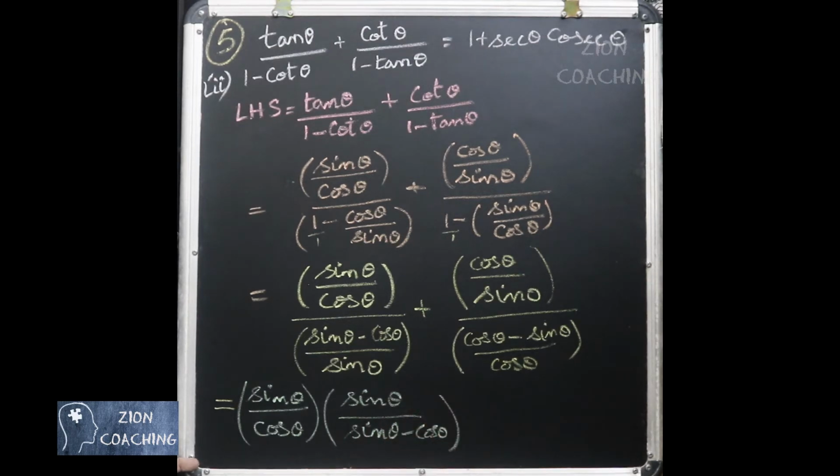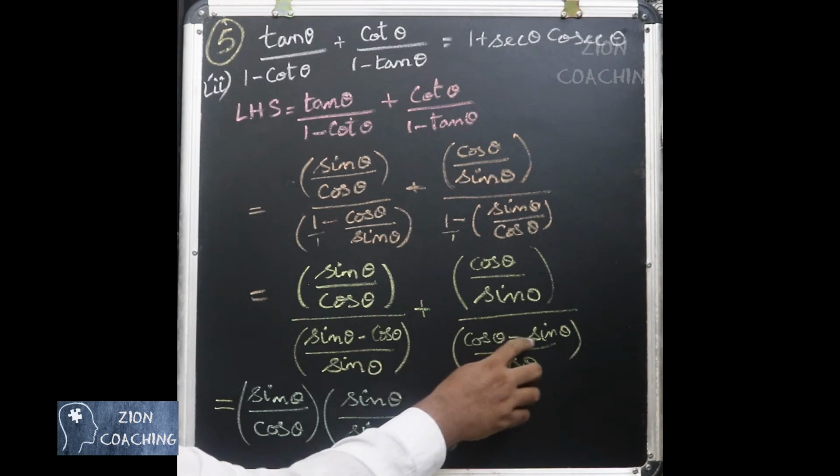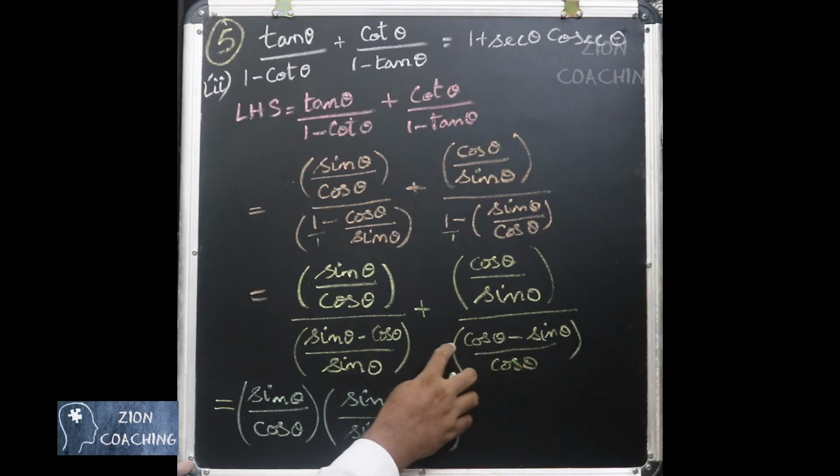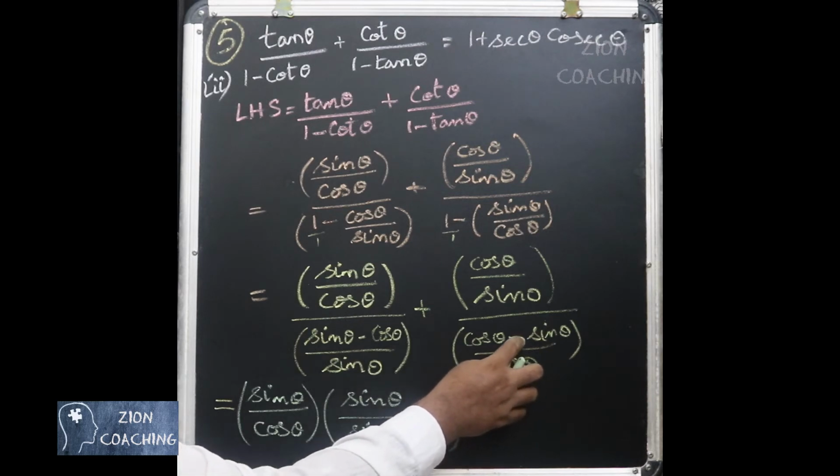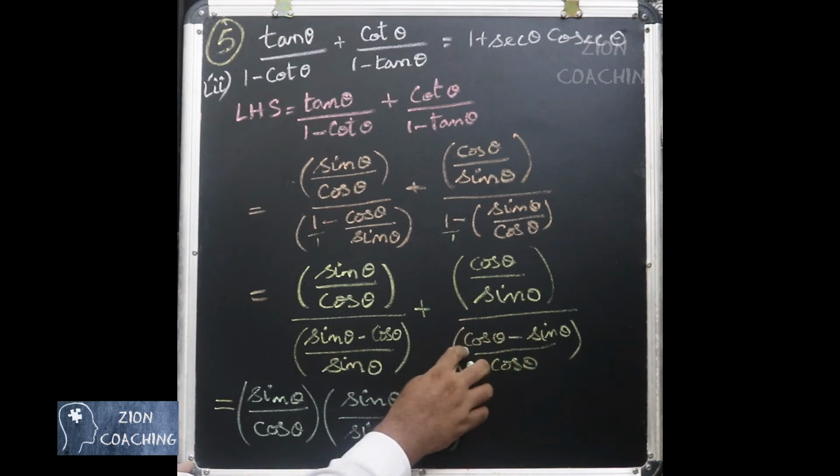Now I would like to have the same sin theta minus cos theta here also. So what I am going to do is, I am going to bring that sin theta to the front and pull out one minus symbol.